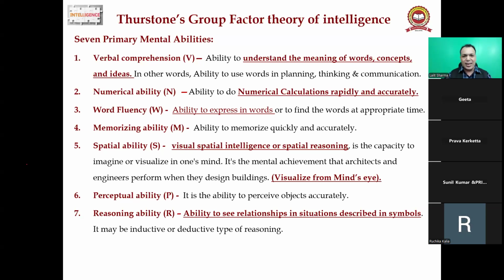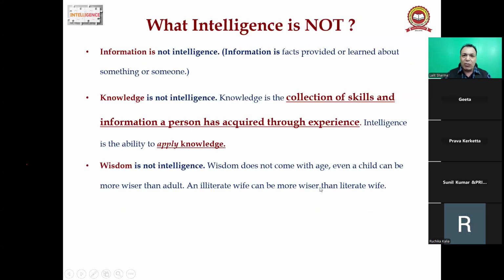Got it? Okay. अब हम समझते हैं what intelligence is not. Being a teacher, you should know. Information is not intelligence. इंफॉर्मेशन क्या है? फैक्ट्स हैं, provided and learned about something and someone. Information you can learn. What is the internet? The internet is full of information. If you mug up the information, you will not become intelligent. इंटेलिजेंट क्या चीज है?